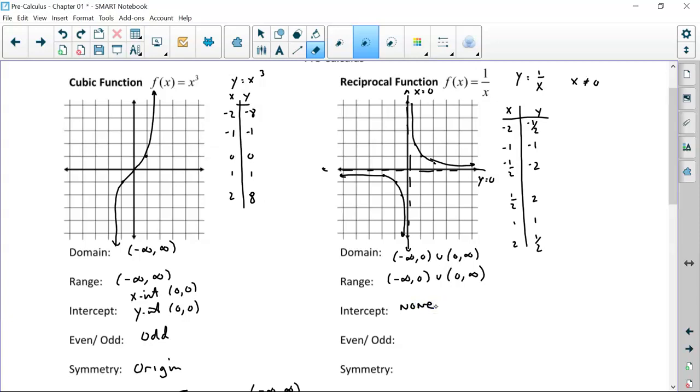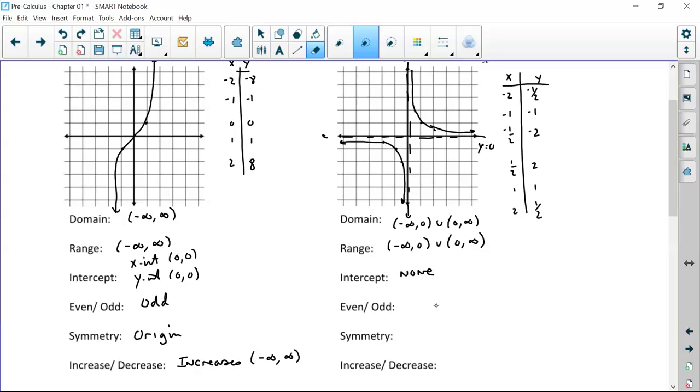For symmetry, this has origin symmetry, meaning it's an odd function. And as we're going from left to right, you can see the graph is going down from negative infinity towards 0.